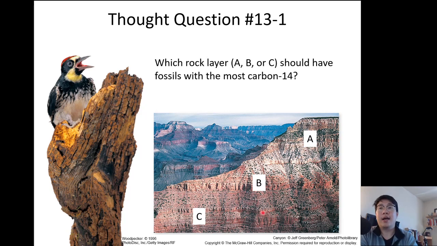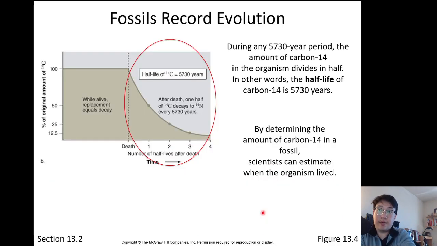Okay. Now, when we're asking for the most carbon-14, remember, we have a sustained amount of carbon-14 as we are alive. So that means the longer the time has passed after our deaths, the less carbon-14 we have in the fossil.